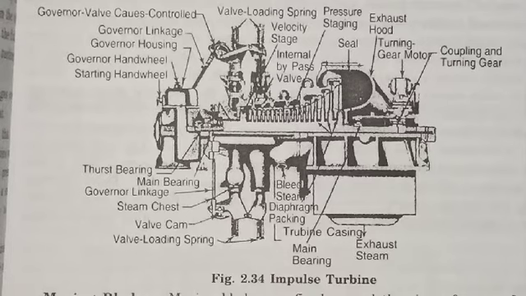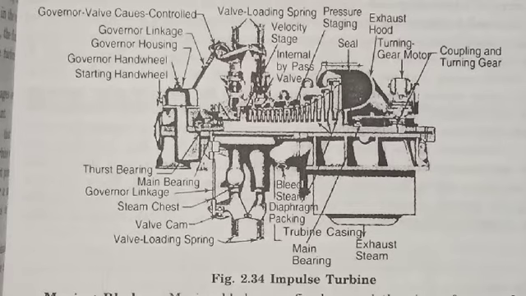Yesterday I gave some idea about the jet. So what is the jet? A jet is nothing but the velocity of the superheated steam coming out from the nozzle. It is called the flowing jet.